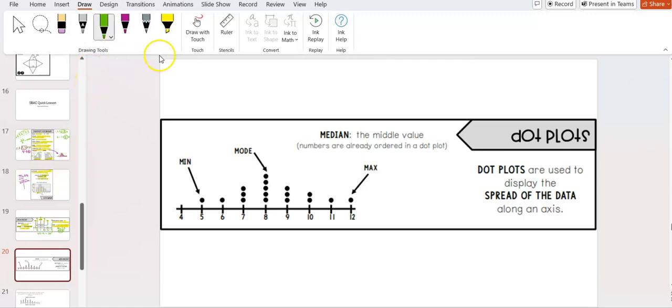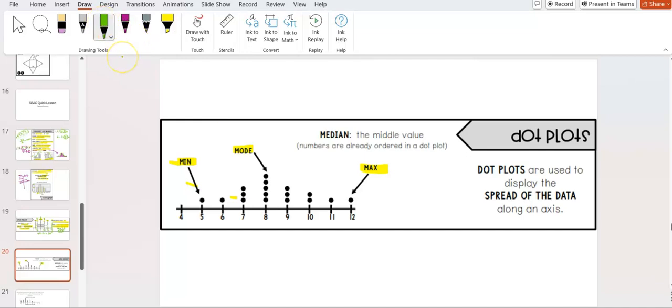Okay, so on a dot plot, you still have minimums, maximums. Minimums are the smallest dot, maximums is the highest dot, and then you can identify really easily the mode, the one that occurs the most, because it's going to be the tallest line.